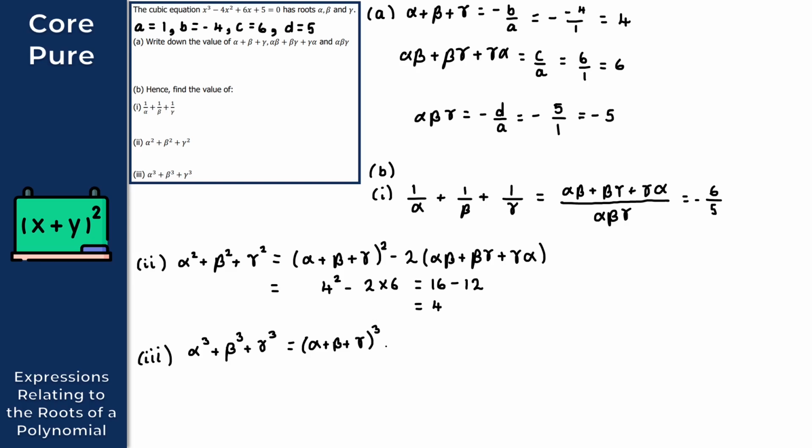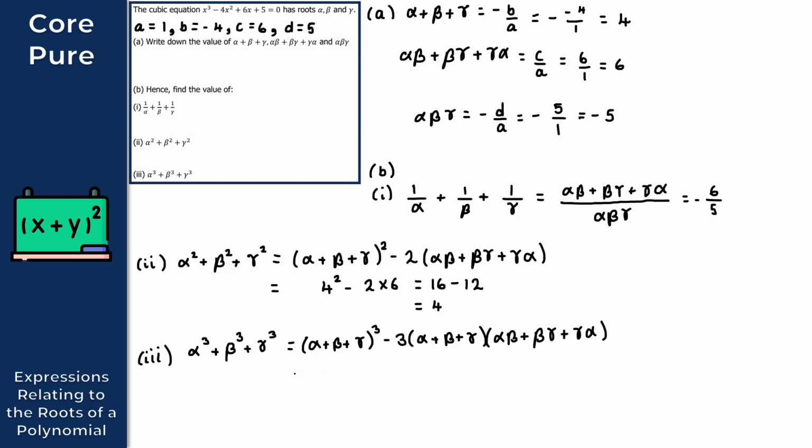Then we subtract 3 lots, so minus 3 times alpha plus beta plus gamma, and we times this by alpha beta plus beta gamma, and then finally plus gamma alpha.